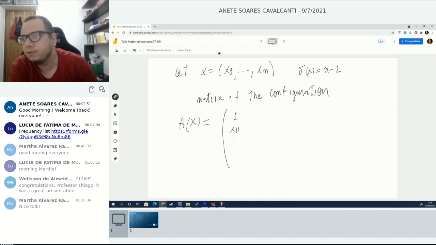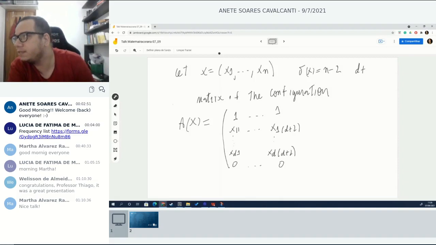The matrix of configuration is given by... in this case, we can see that the dimension plus 2 is equal to the number of bodies.